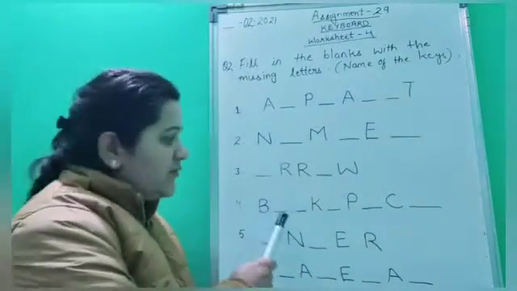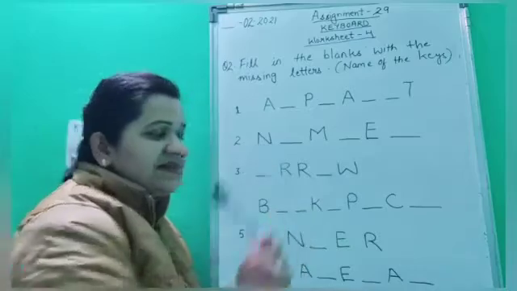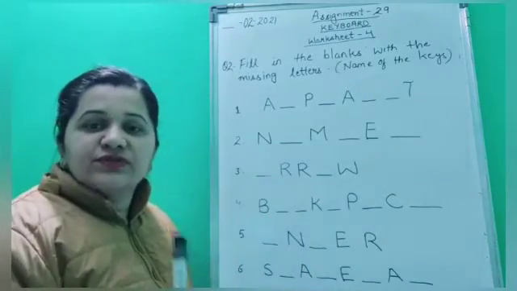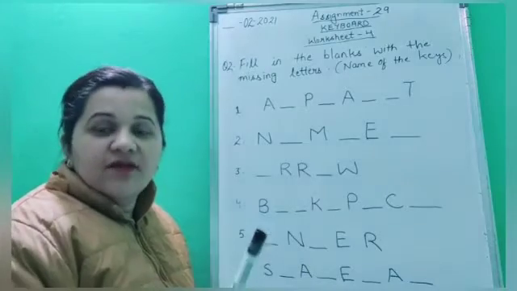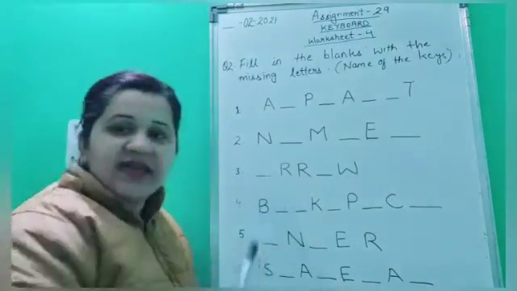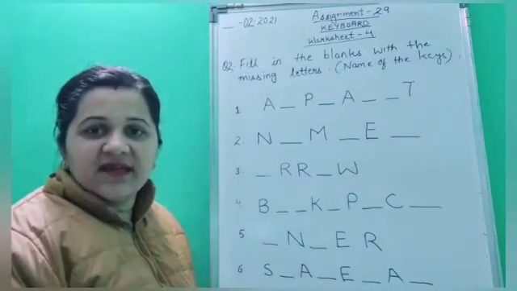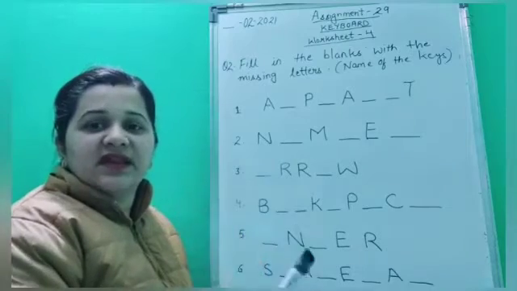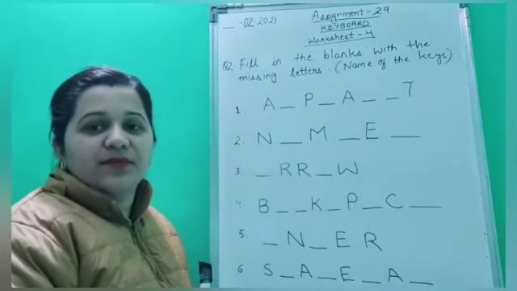Now learn the spelling of backspace and then fill the missing letters. Backspace key is used to erase the letters we have typed on the computer. Children, it is like an eraser. So backspace key is used to erase the letters on the computer.